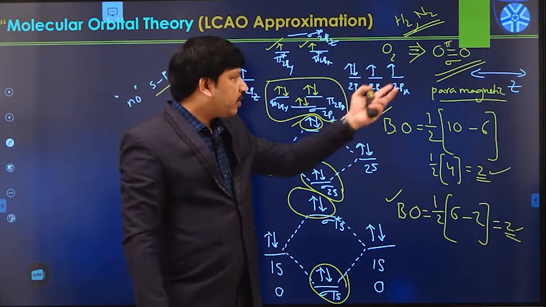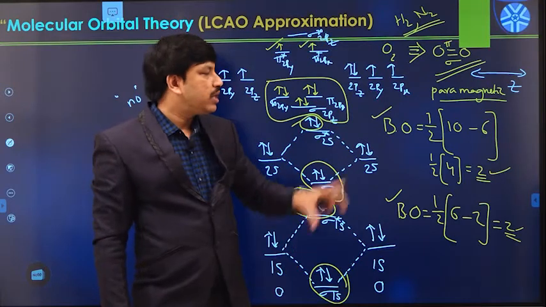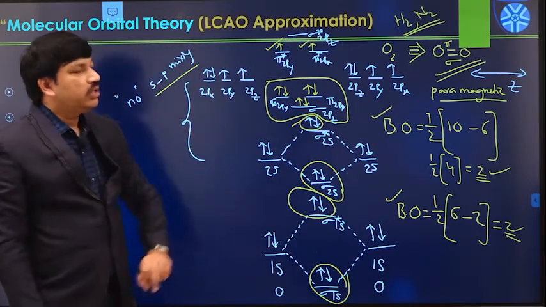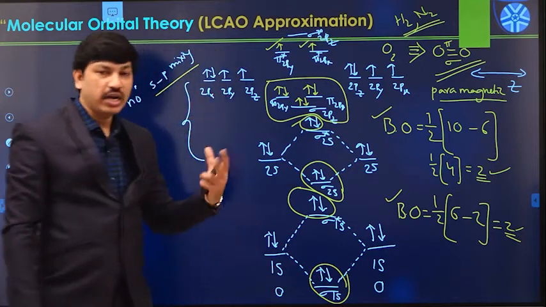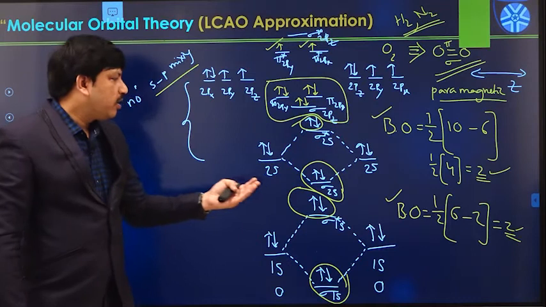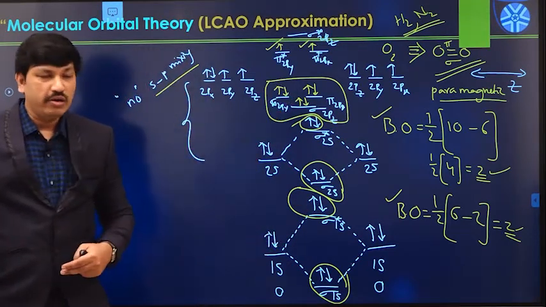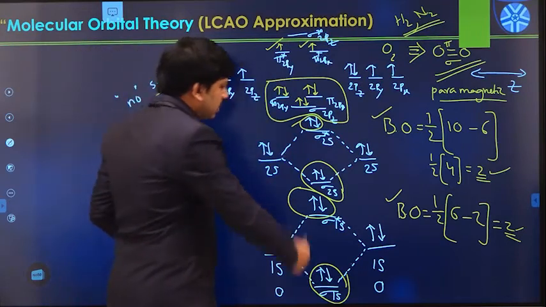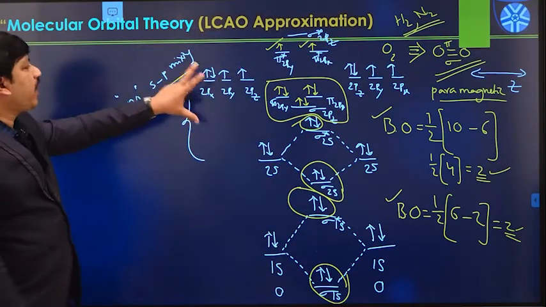But if you see the experimental results, the O2 molecule is paramagnetic in nature. So that point is explained by the molecular orbital approach only. That is the reason molecular orbital theory is the most advanced one. It is useful to understand the bond behavior and bond strength value, and whether a compound is diamagnetic or paramagnetic also.